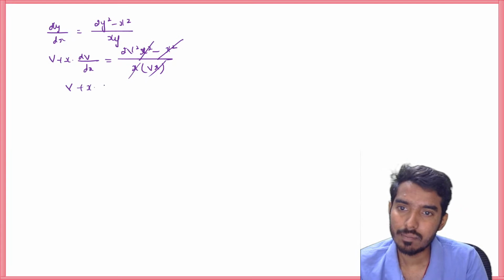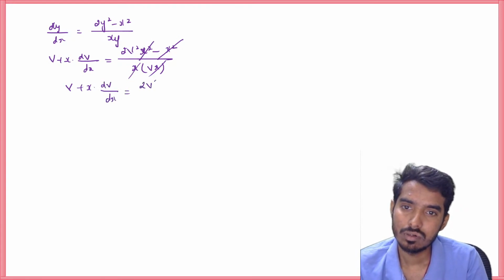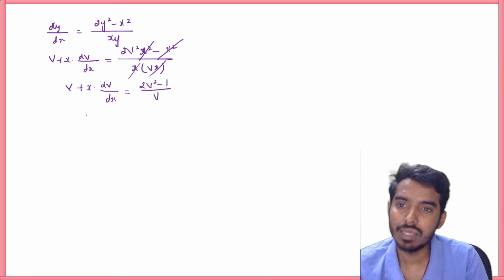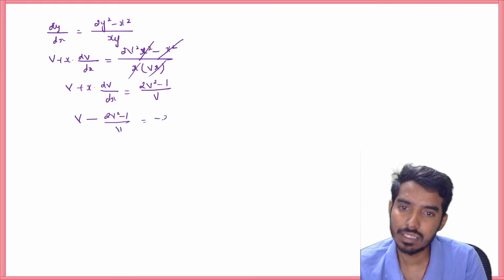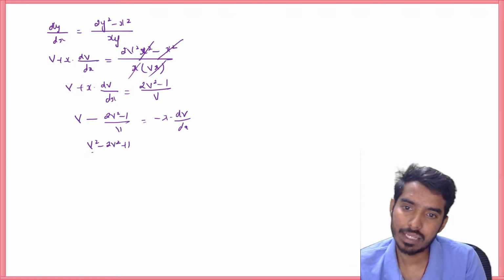So we have v plus x dv by dx equal to (v square minus 1) by v. So x dv by dx is (v square minus 1) by v minus v, which is minus 1 by v, so minus 1 by v equal to x dv by dx.